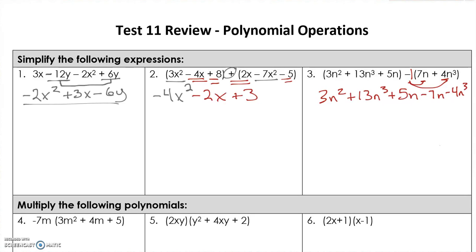Okay, and from here, it is combining like terms, and as I said on problem number 1, we generally would want to write these terms in order of the largest exponent down to the smallest exponent. So the 3n squared, now there's not another n squared term in this problem, so it is going to be the middle term here, and then the 5n minus 7n would combine to be a negative 2n.